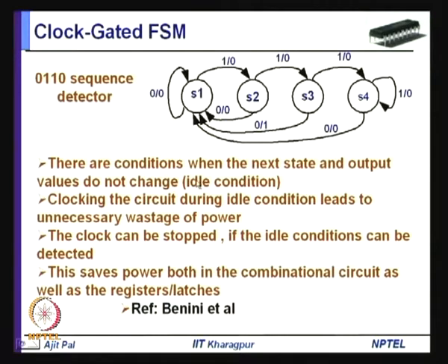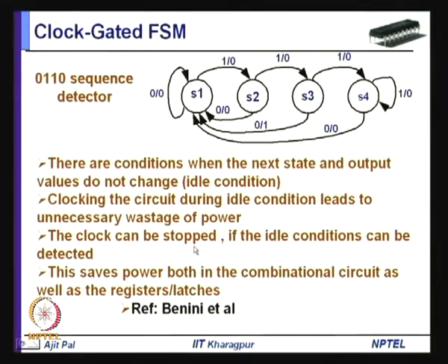So, you can say that we can consider these two as idle conditions, and clocking the circuit during idle condition leads to unnecessary wastage of power. So, you can see the input and outputs are same. There is no need to change the input or the state, because output is remaining same, state is remaining same.